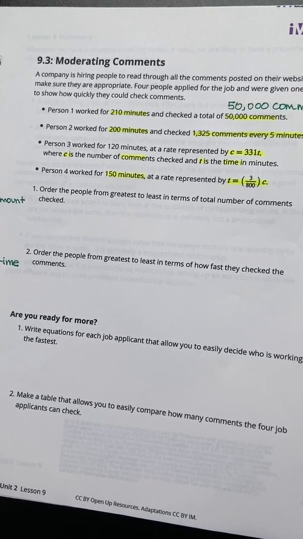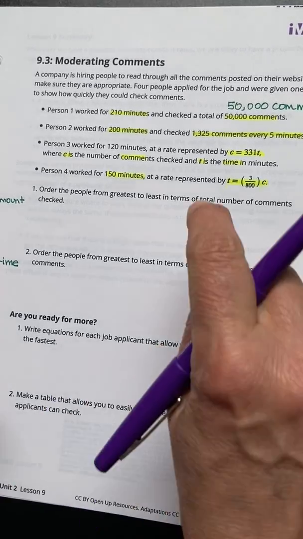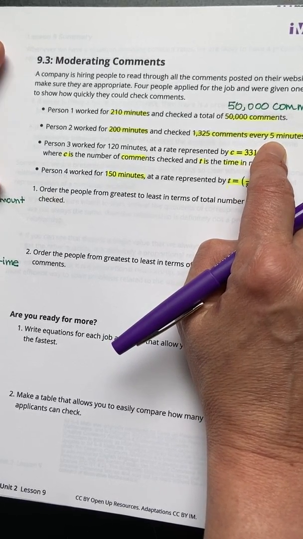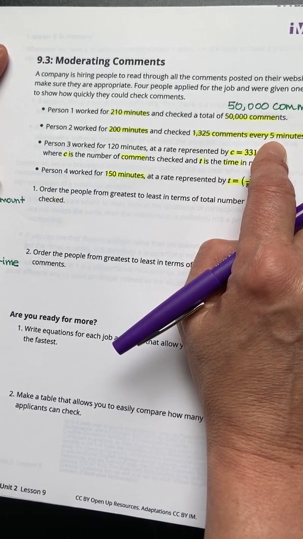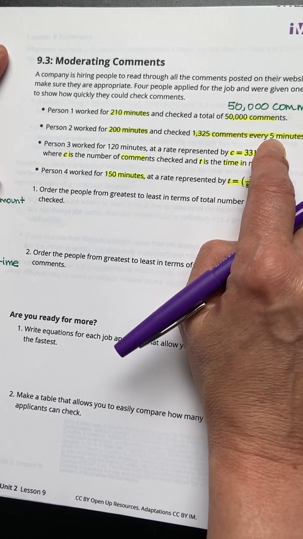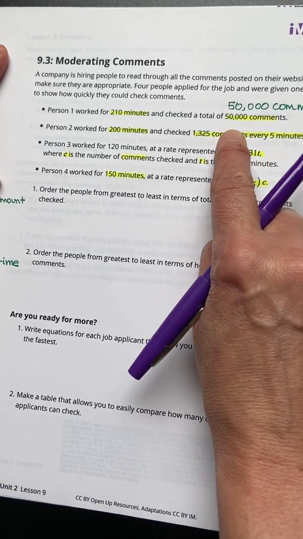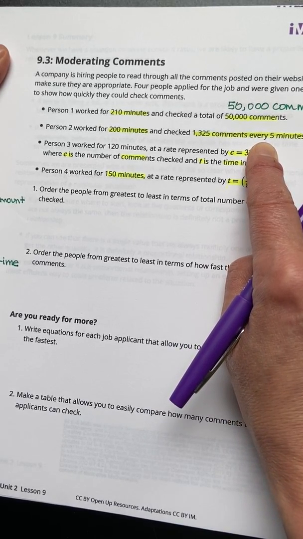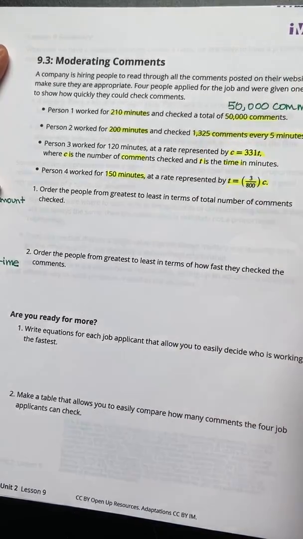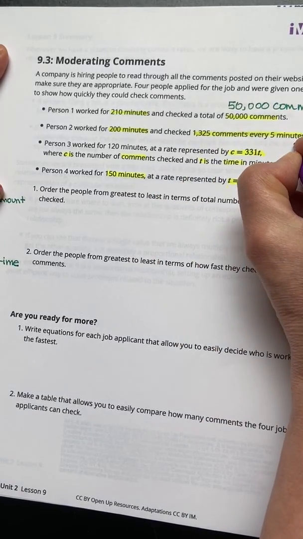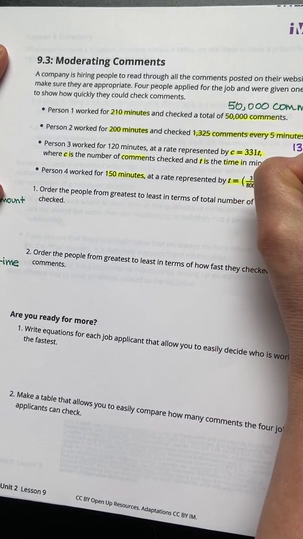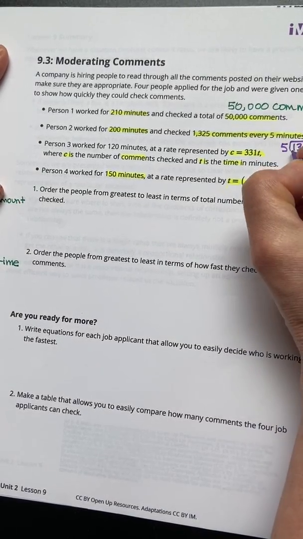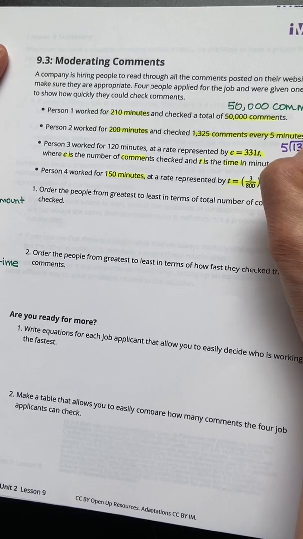Person 2 worked for 200 minutes and checked 1,325 comments every 5 minutes. All right, so let's figure out how many he did per minute, because that's what these are in. So I'd say 1,325 divided by 5. 5 goes into 13 twice.